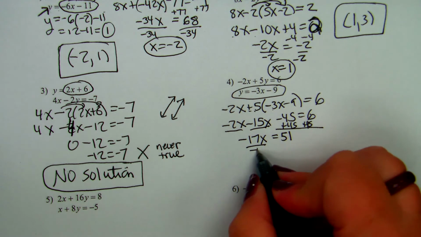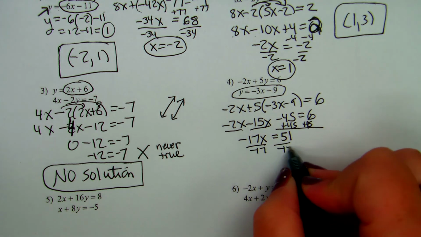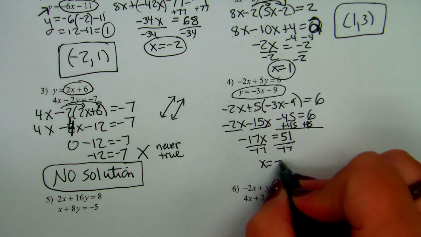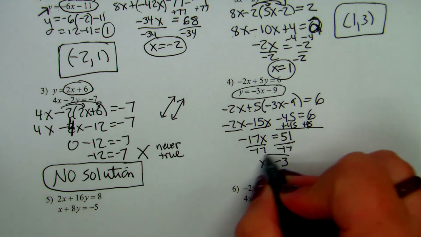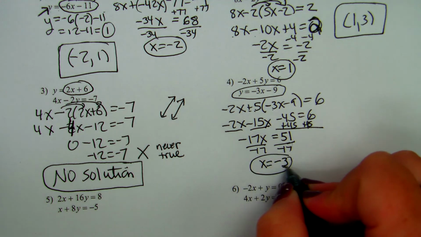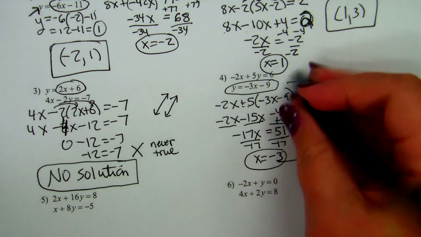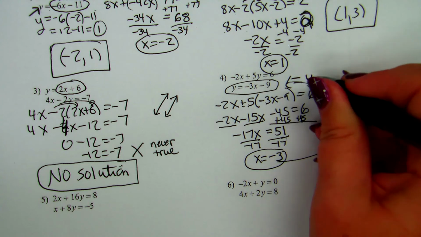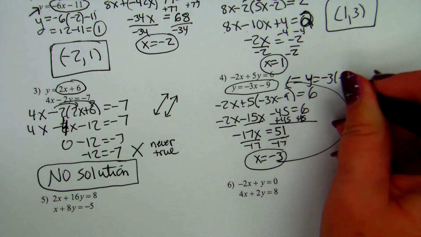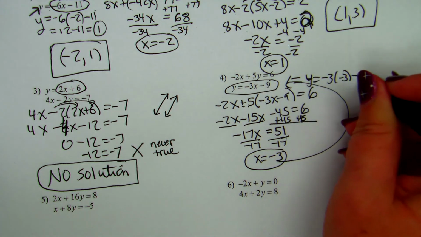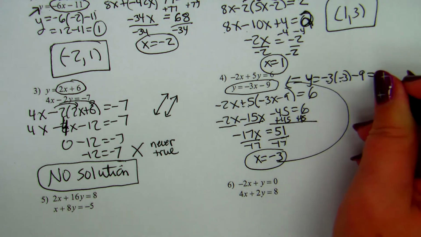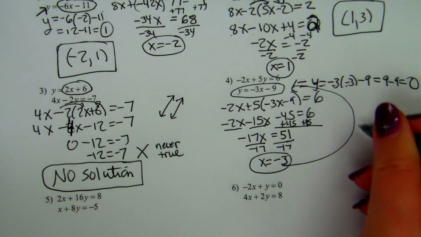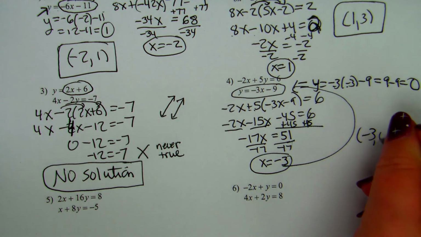Divide by negative 17. It might take you a while to figure it out, but x equals negative 3. Go back up to the top. Substitute it back in. Y equals negative 3 times negative 3 minus 9. Negative 3 times negative 3 is 9 minus 9, which is 0. Negative 3, 0.